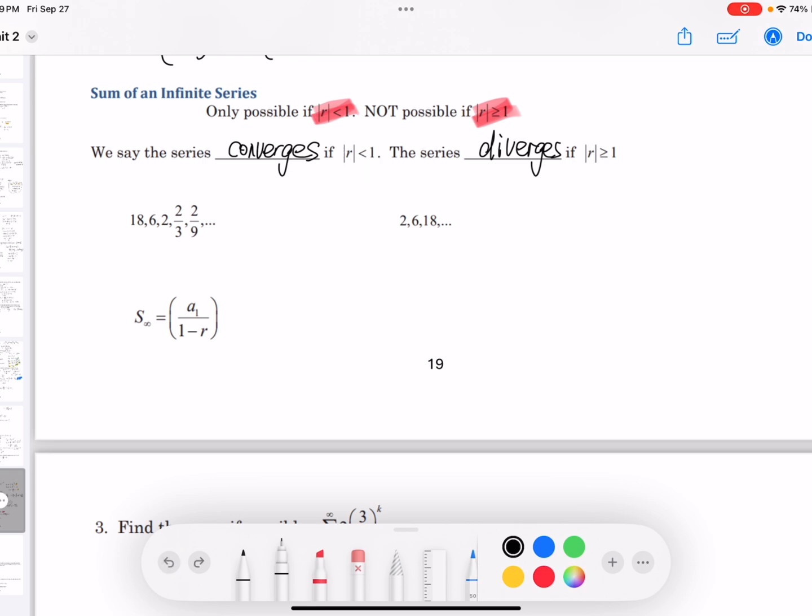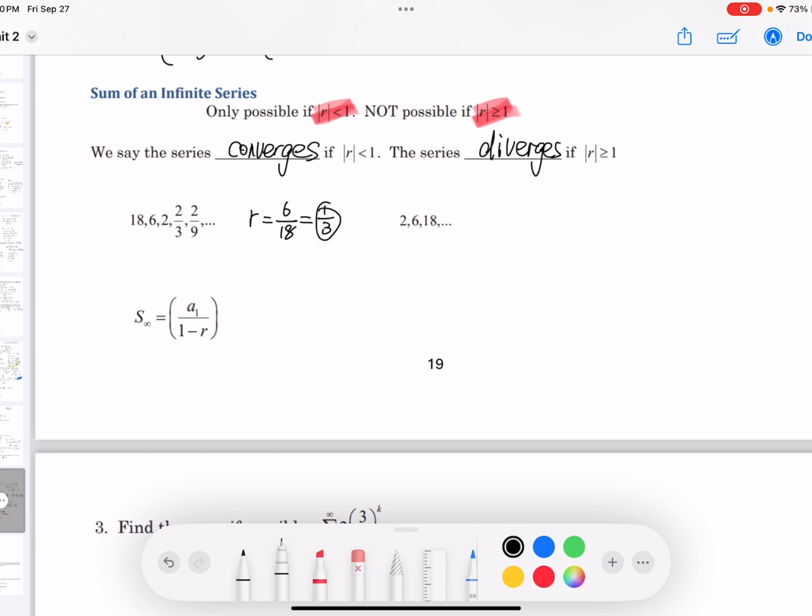Okay, let's see the first sequence. So this one is a geometric sequence. It has the first term, second term, and so on. So what is r? r is equal to 6 over 18. Randomly pick two numbers, the second one divided by the first one, is equal to 1 over 3.